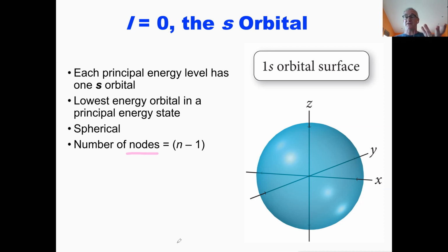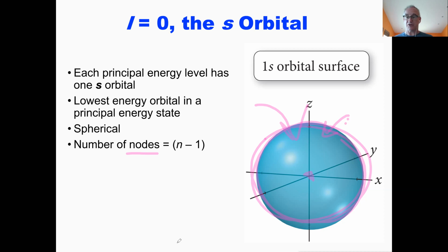And remember, these are probabilities. This is what the probability looks like that we will find the electron an equal distance away from the nucleus inside this spherical shape. So you can see that anywhere inside this particular spherical shape, we have equal probability of finding that electron.